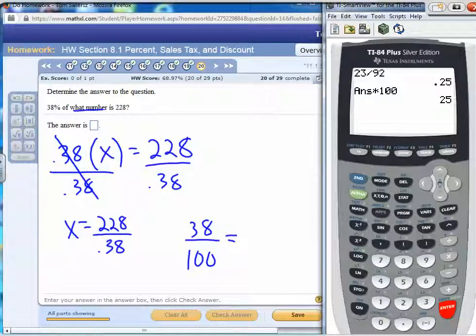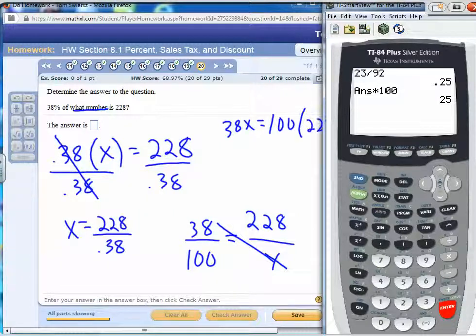We're missing the base, the number in the denominator, and 228 is in the numerator, so cross multiply: 38x equals 100 times 228, and divide both sides by 38 to solve for x.